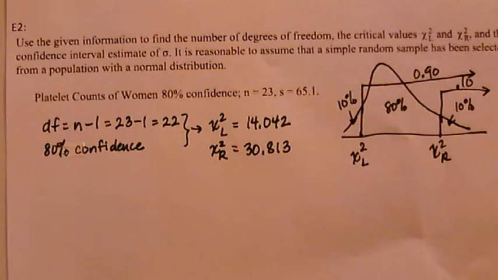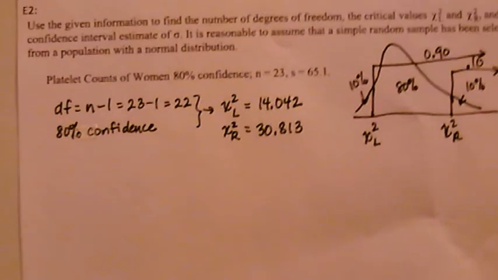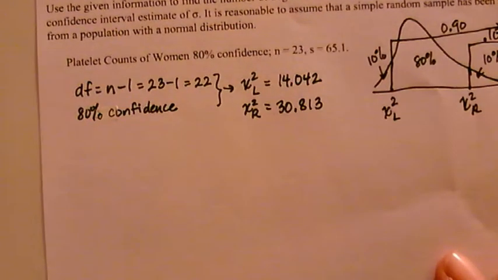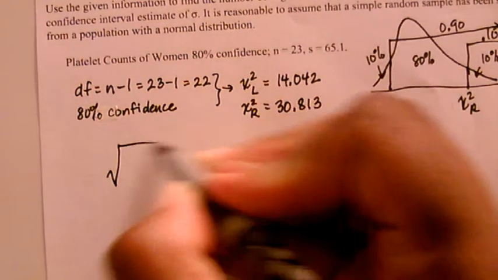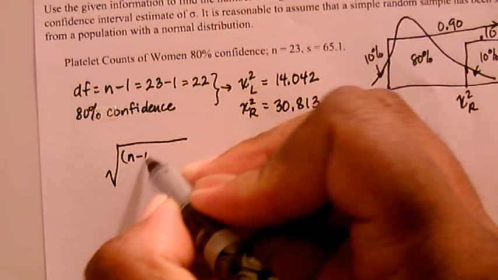And from this, we can find our confidence interval estimate for a population standard deviation. And I'll go ahead and rewrite the formula.